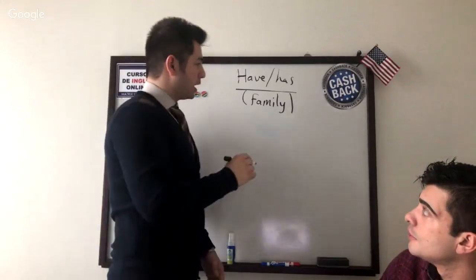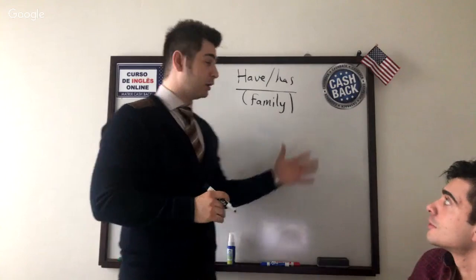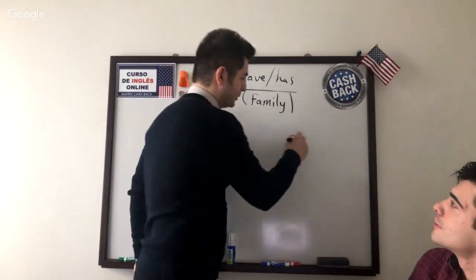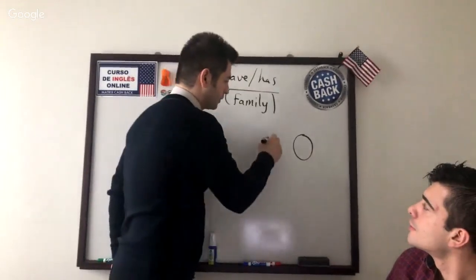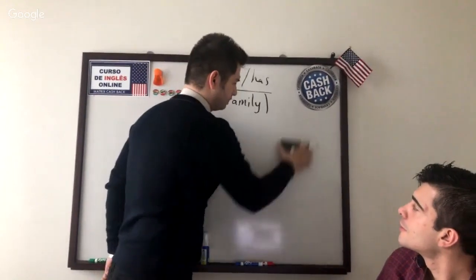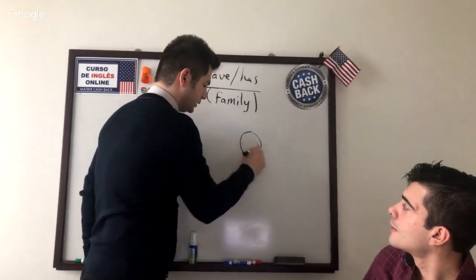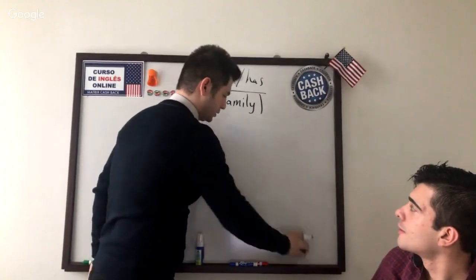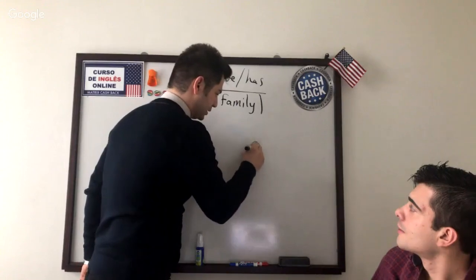All right. So I'm going to create a family tree over here on the board. So let's say this is me, Alan. I'm going to try and draw things as well as I can.